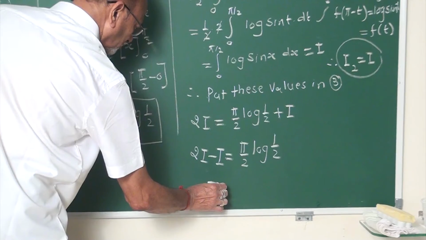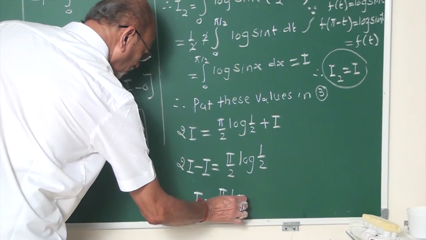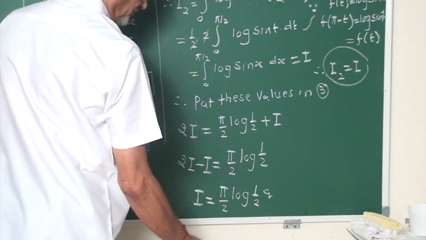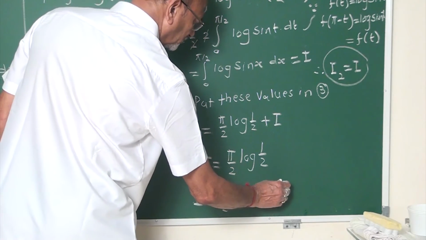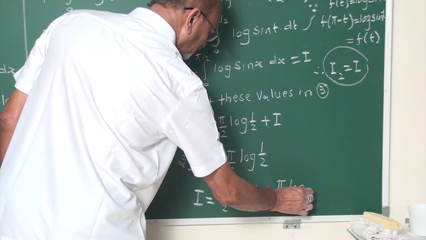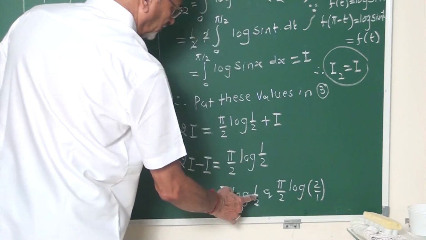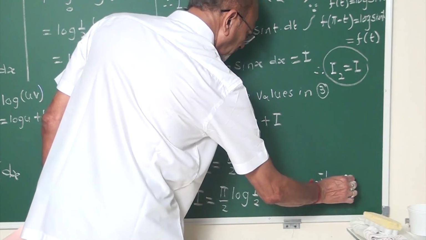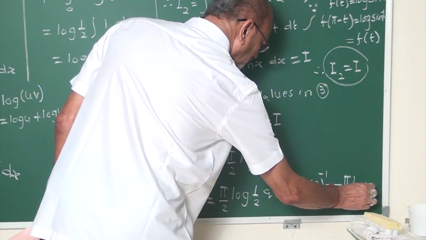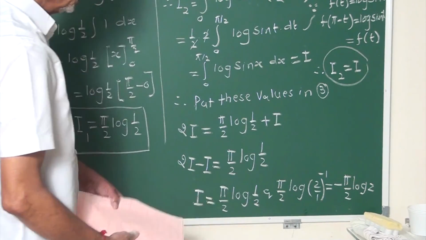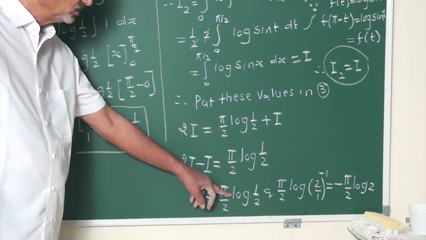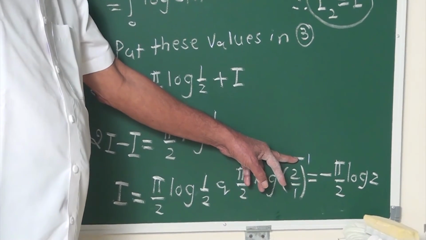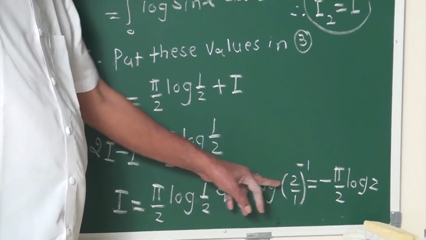So I equal to pi by 2 log 1 by 2, or if you take the reciprocal, 2 by 1, the power changes sign, so this is minus pi by 2 log 2.